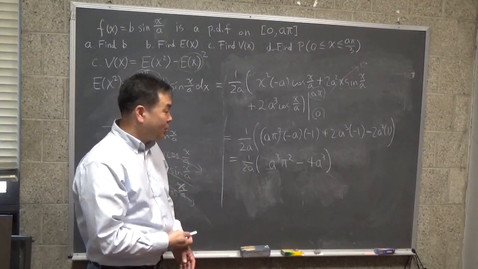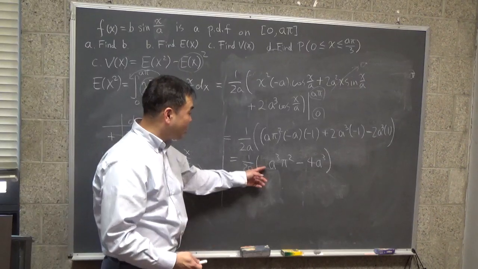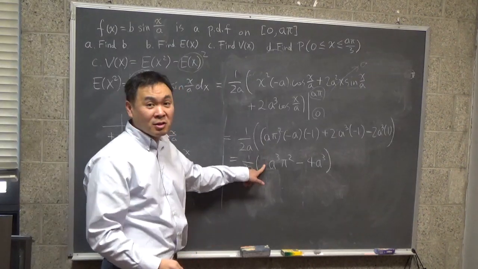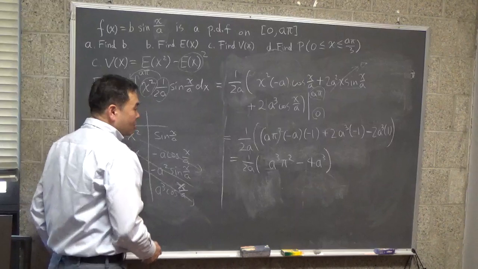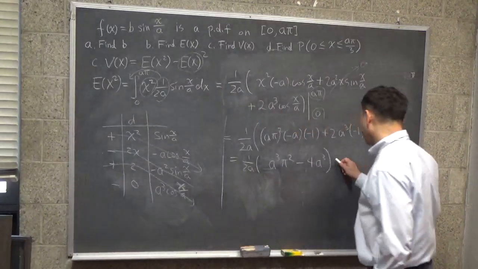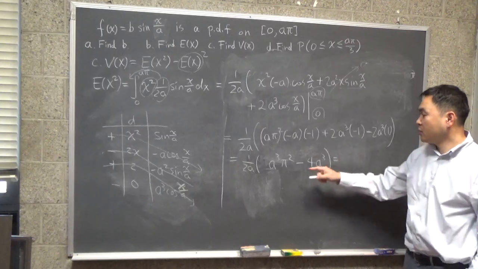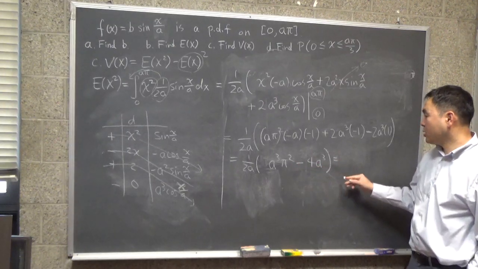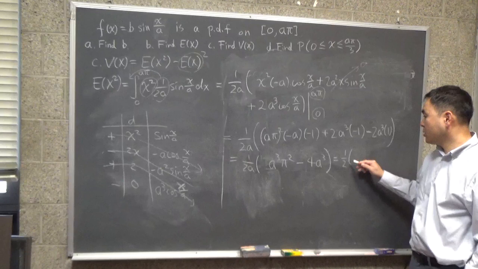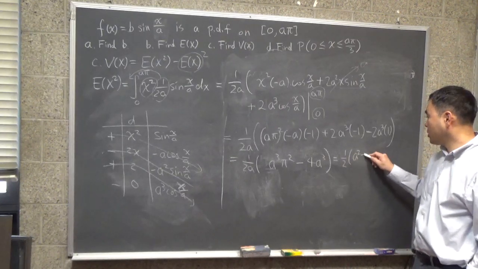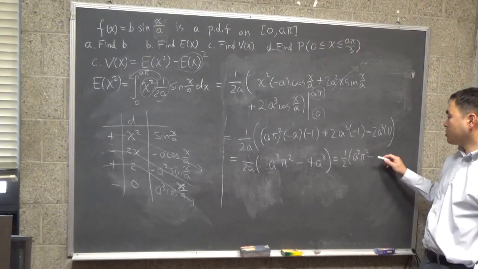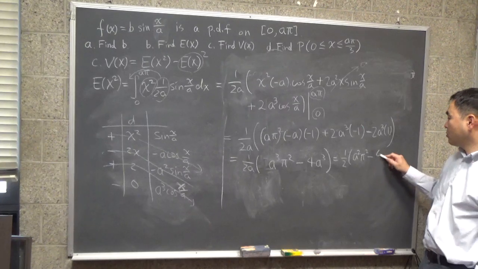That's something that you should always check. That was why I was able to see that I made an error here. So, always try to have a bunch of checks of what your calculation gave you. Okay. So a cancels, and you get 1/2 of a squared pi squared minus 4a squared.